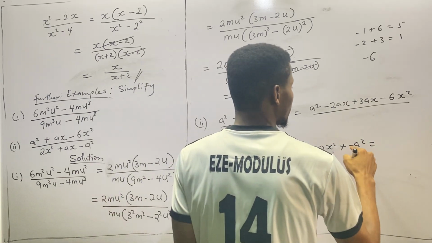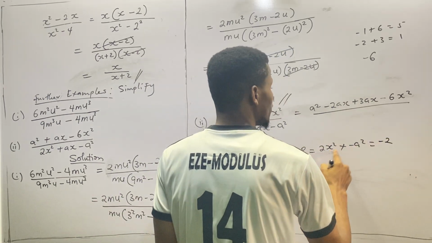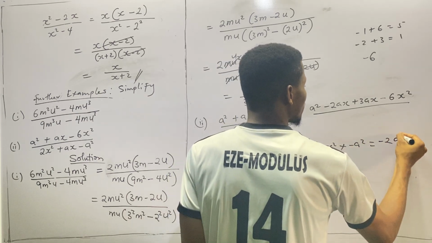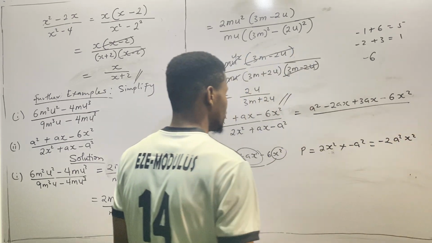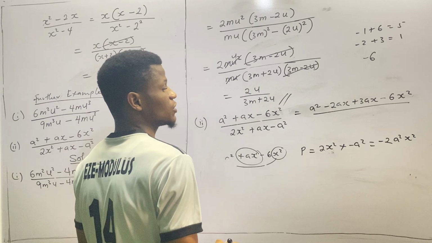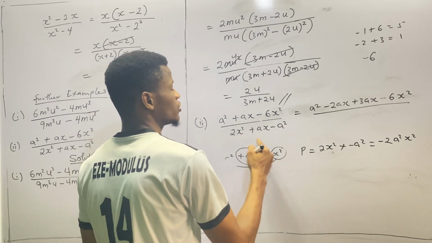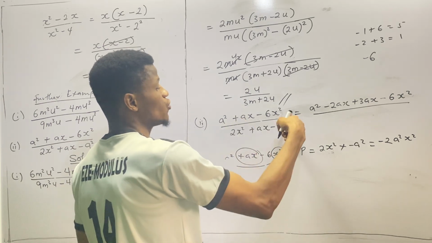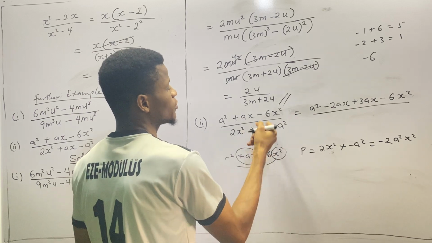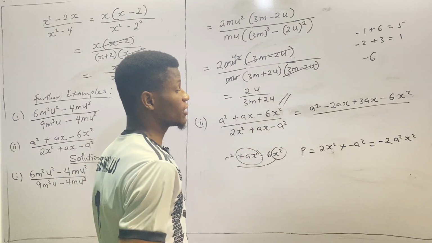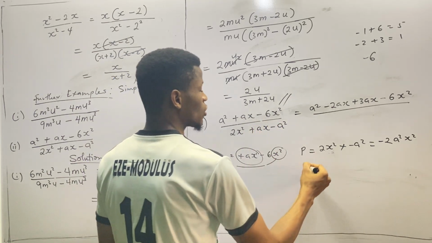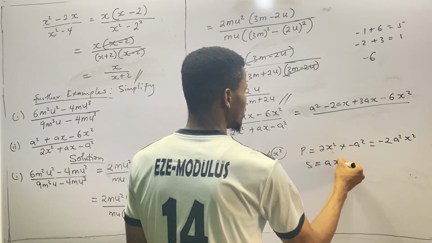So we have minus 2 a squared times s squared, which should be a squared s squared. All right, then that is the product. Remember, the product is the squares multiplied, while the sum is the one with linear power, which is 1. So our sum here is ax.